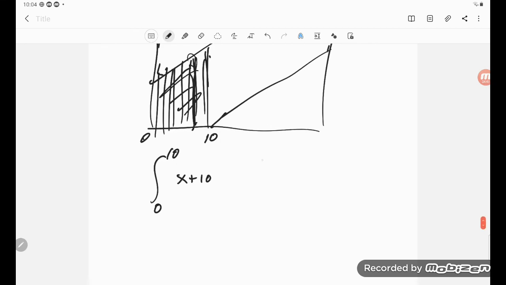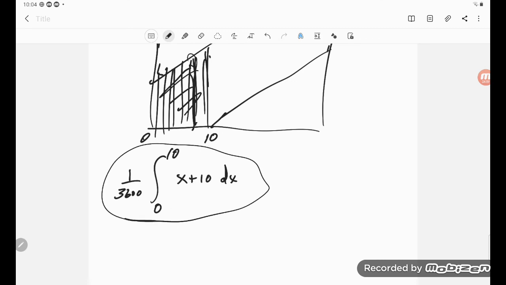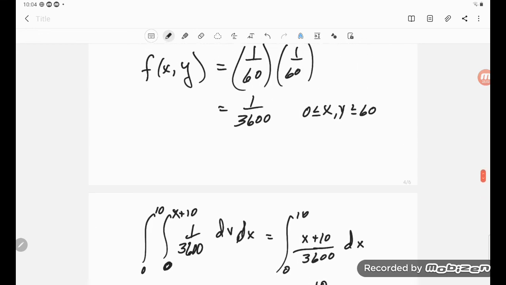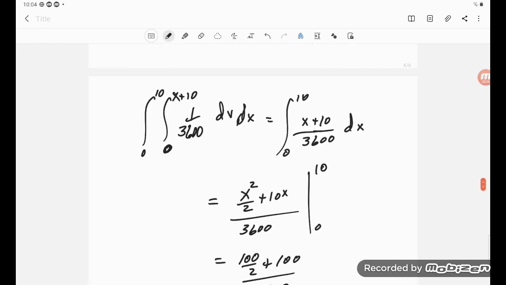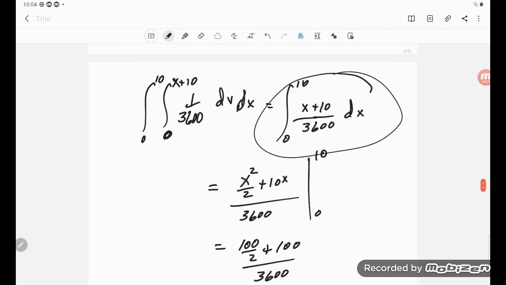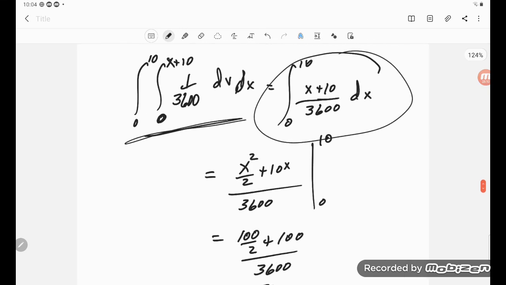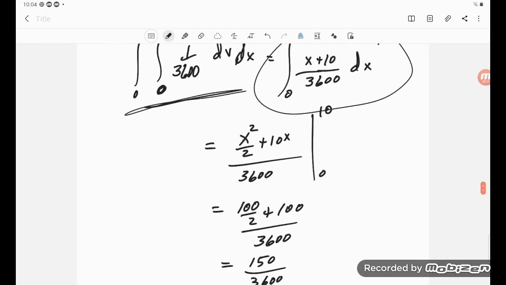Okay, now we still would have needed our 1 over 3600, and then dx. But notice that is exactly what I ended up with right here when I did the double integral.